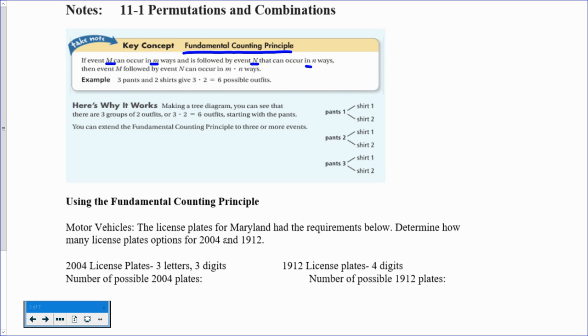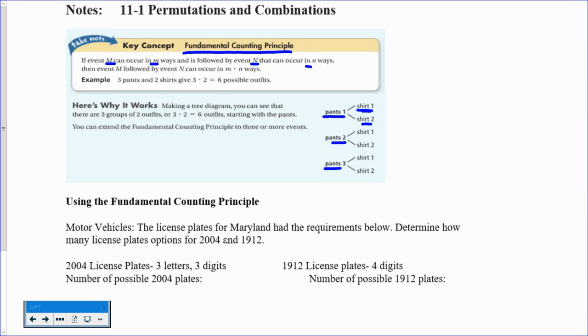Okay, and visually, you can make tree diagrams. Maybe you made these tree diagrams in middle school. So if you have one particular pair of pants, you have some black pants, pants 2, you have some jeans, pants 3, you have sweatpants. Okay, and then you select one, and now you have one of the shirts to choose from.